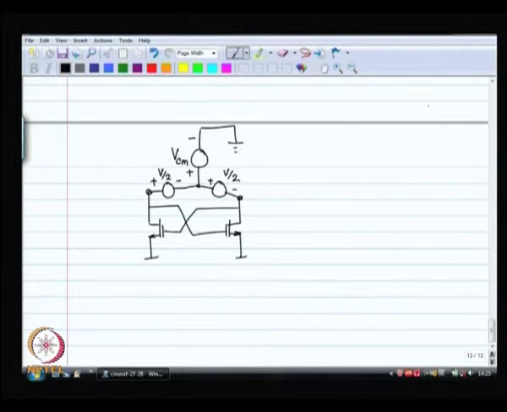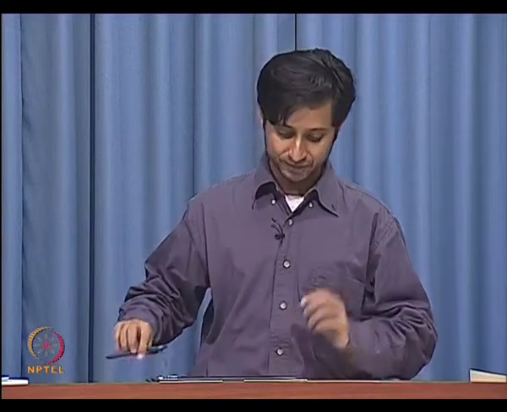So, as far as the common mode voltage VCM is concerned, the resistance that you are going to see is 1 by GM in shunt with RDS divided by 2, because there are two such things. As far as the differential voltages are concerned, you are going to see a different input resistance, right. You are going to see a negative input resistance as far as these two differential signals are concerned. As far as the common mode signal is concerned, you are going to see a positive resistance. It basically looks just like a diode connected MOSFET.